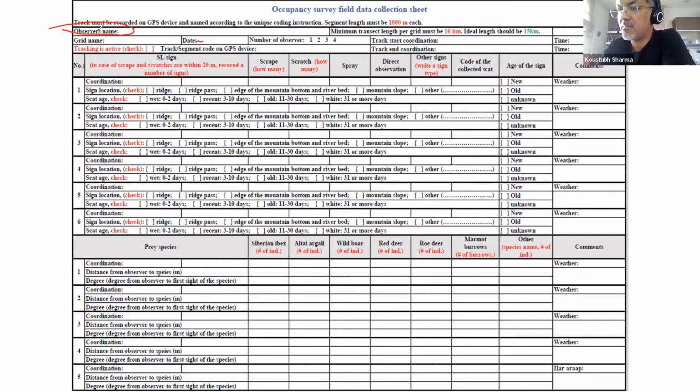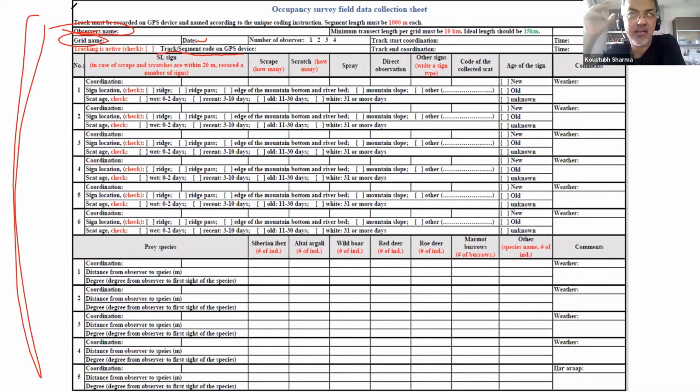Now, grid name is important because you need to know which survey this particular data belongs to. Within that grid, there might be transects, and there will be specific tracks and segments of your transects. Each segment, so this particular data form represents one transect segment, which, I think in Mongolia, was considered to be about 1 kilometer length. I could be wrong. It was probably half a kilometer or 1 kilometer.